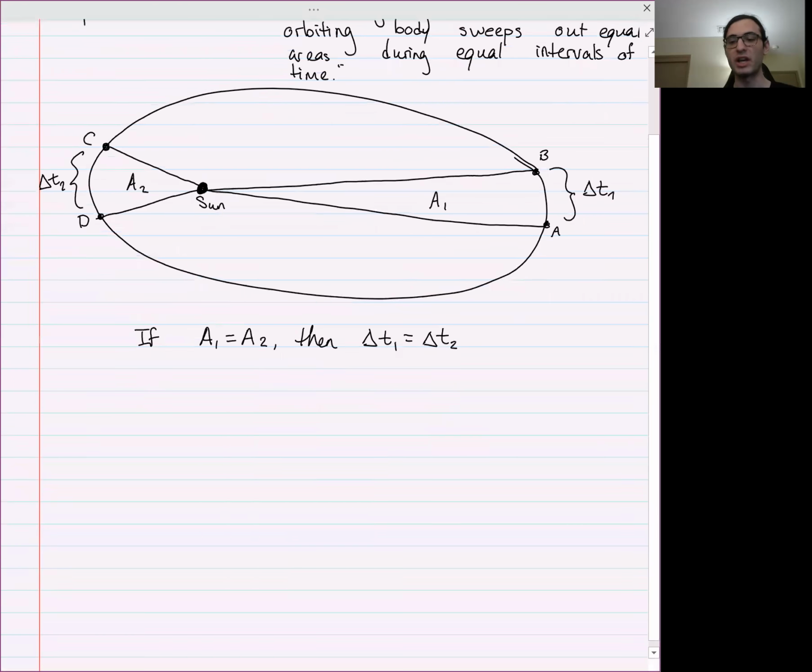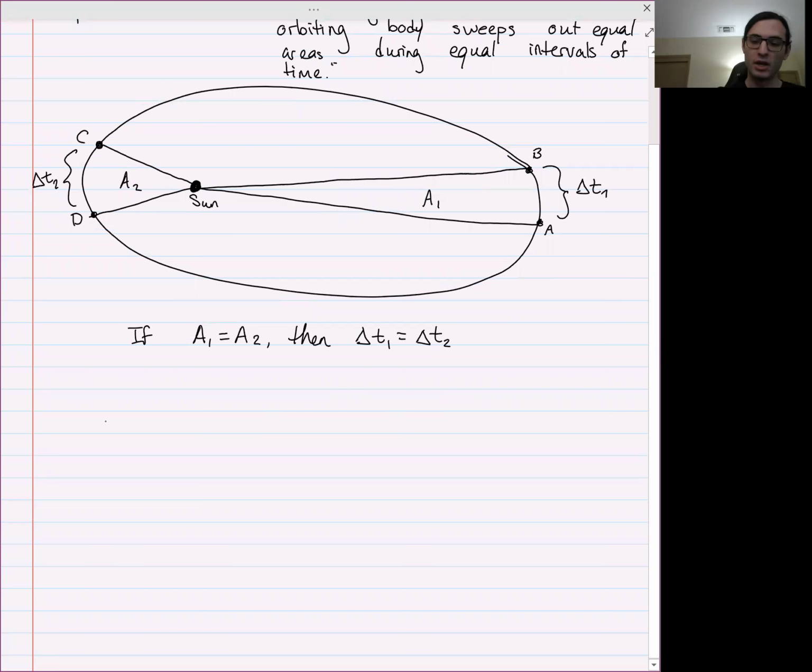Now, there's a strong implication of this statement, right? The implication is that the average speed when going from C to D is greater than the average speed when going from A to B. The reason is that this angle here, theta 2, is larger than this angle here, theta 1.